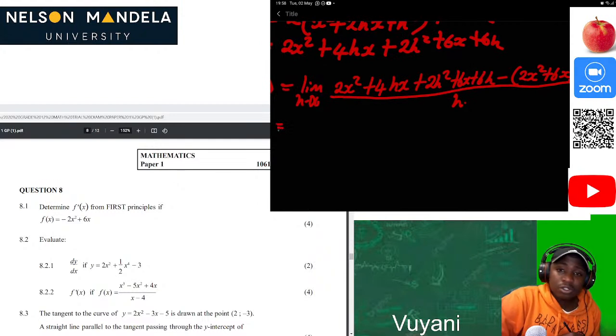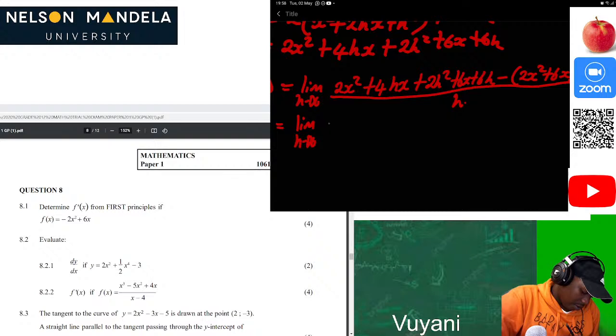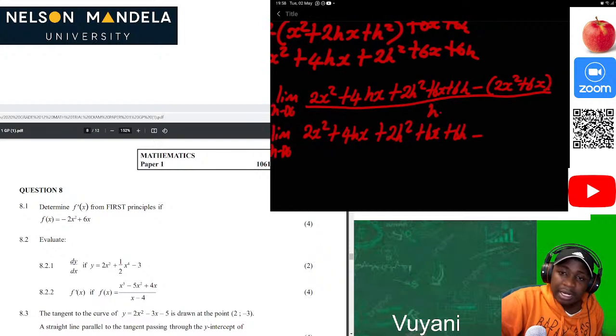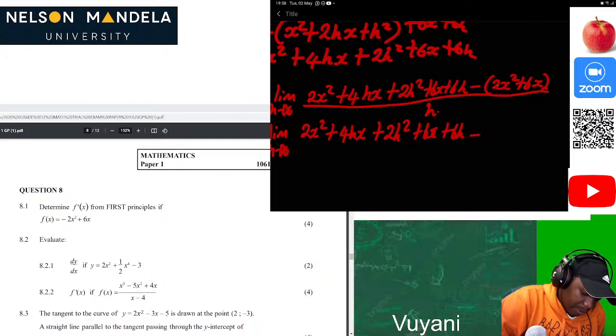Which is equal to the limit as h approaches 0 of 2x squared plus 4hx plus 2h squared plus 6x plus 6h, minus. Now we multiply by 2x squared, so that will be negative 2x squared, and minus times positive 6 will be negative 6x.